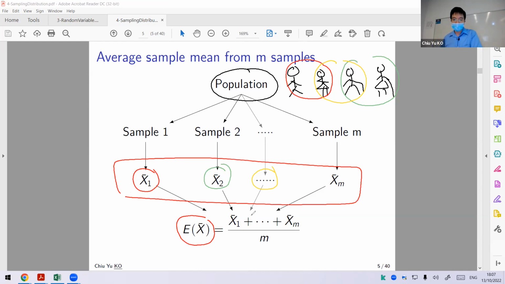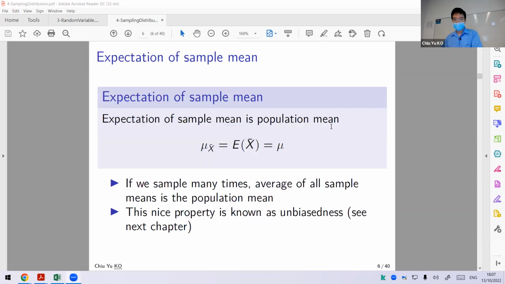The question is, what is the average of the sample mean? This is the first thing we want to show. It's one of the most important results. The average of the sample mean, which we denote as mu of x bar, is actually the population mean.